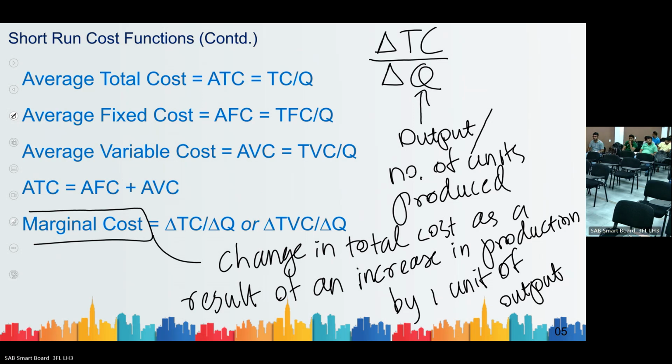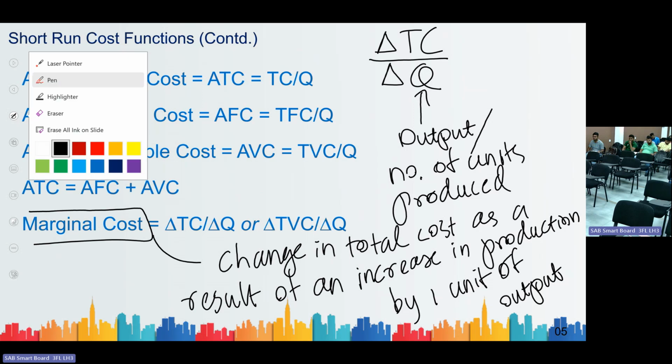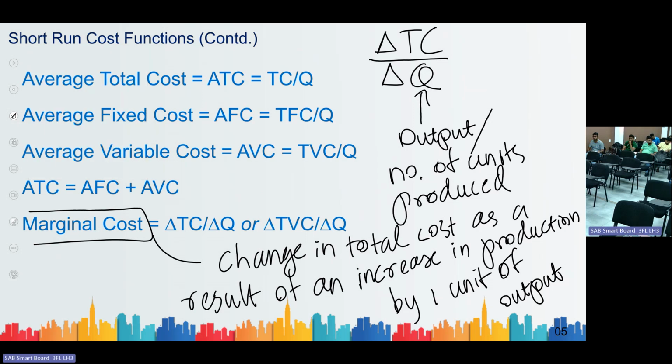So to produce 1,000 units of output, the firm incurred a total cost of 10,000 rupees.